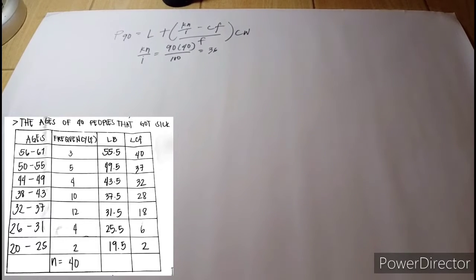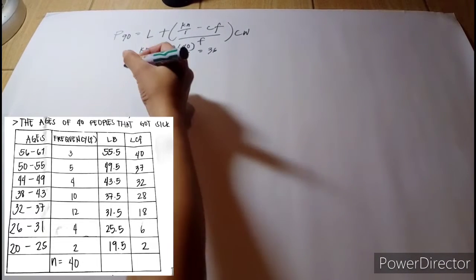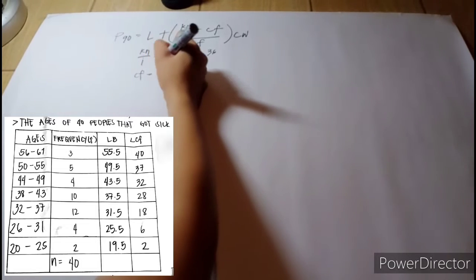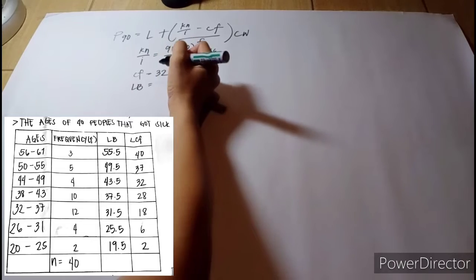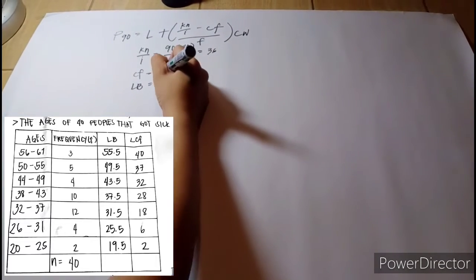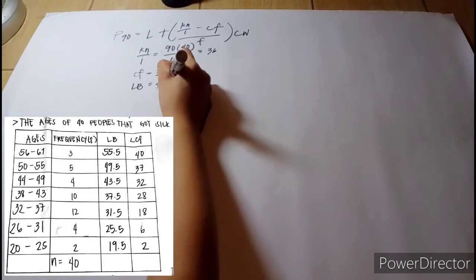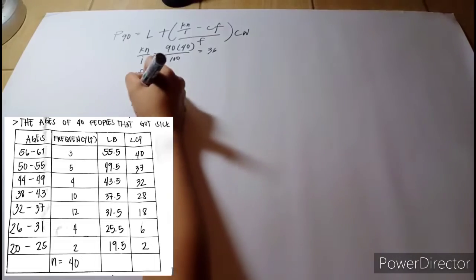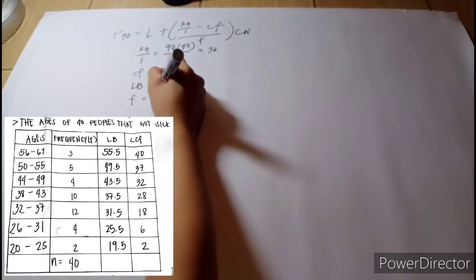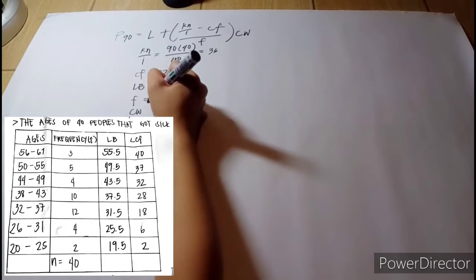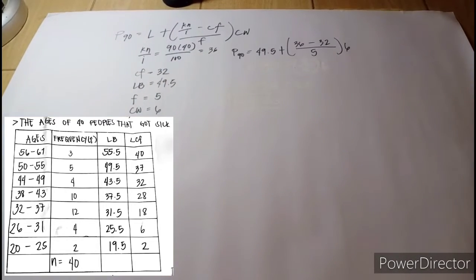After that, we get the cumulative frequency, which is 32. So CF is 32, lower boundary is 49.5, the frequency is 5, and the CW is 6.